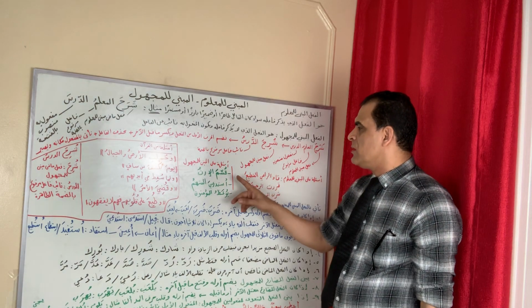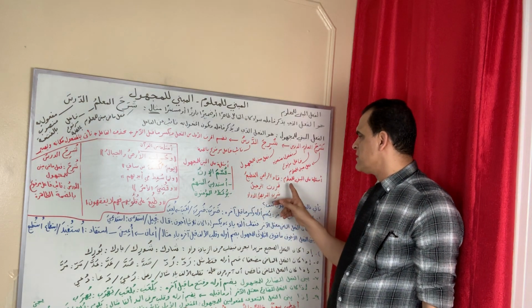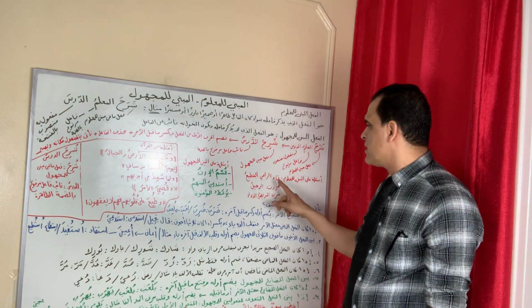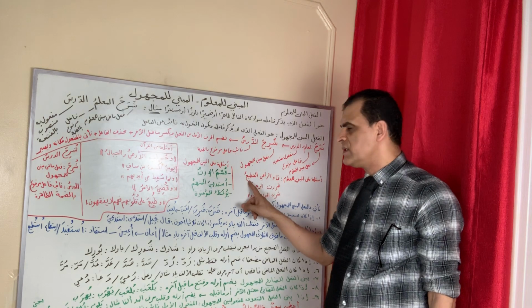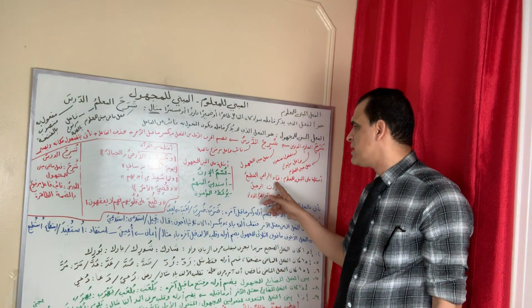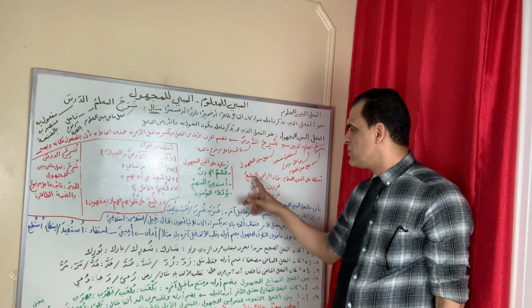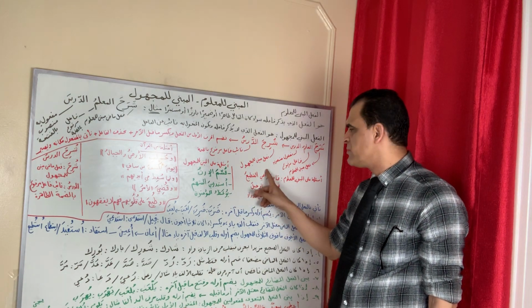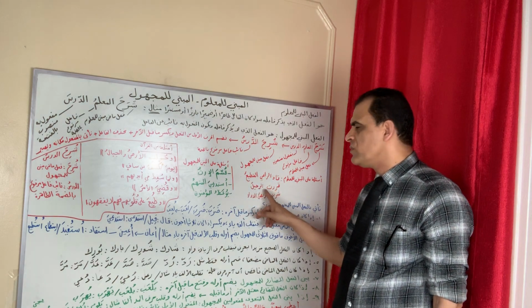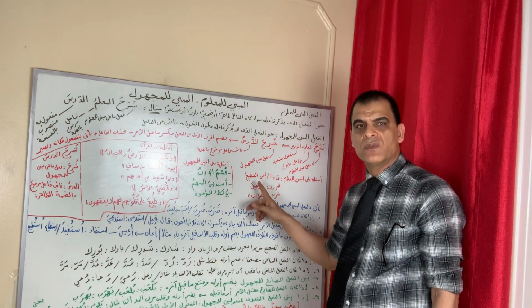Okay. We have examples of the active sentence. قاد الراعي القطيع. The man called راعي leads the sheep. So قاد is the verb, then subject and object. It's called an active sentence. قررتُ الرحيل. I decided to leave.